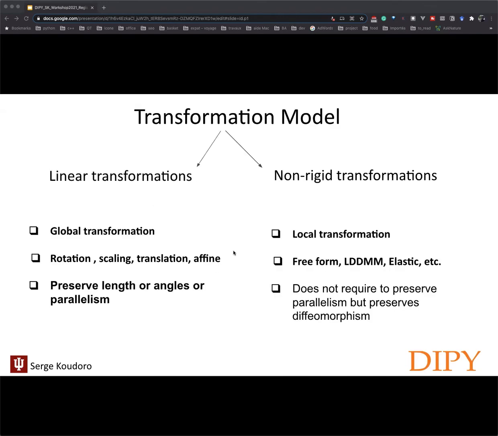Concerning the transformation model, we have 2 different types of transformation. We have the classical one, the linear transformation, which applies a global transformation on our image and preserves length, angle, and parallelism. The second type is a non-rigid transformation, which applies a local transformation and preserves the diffeomorphism.